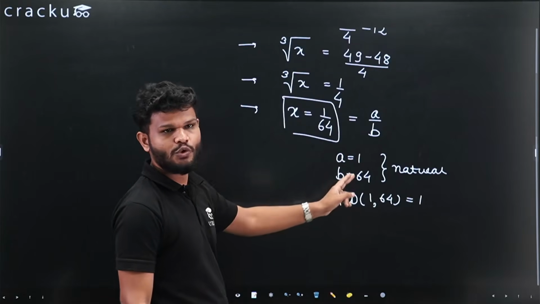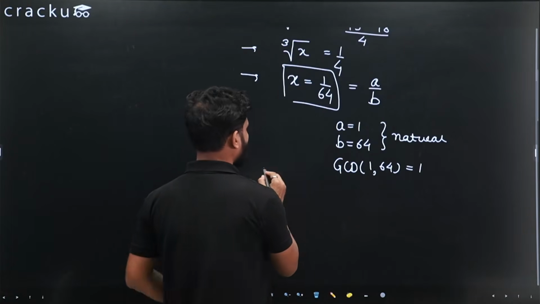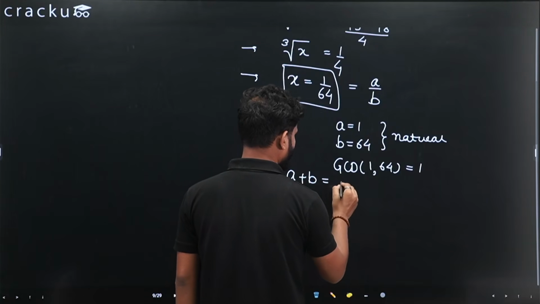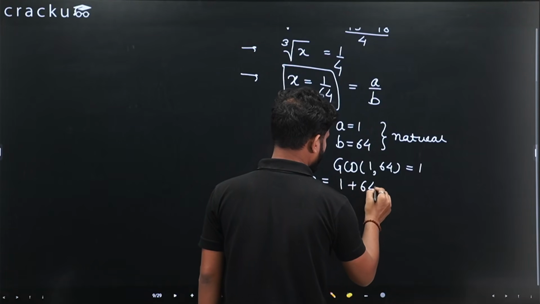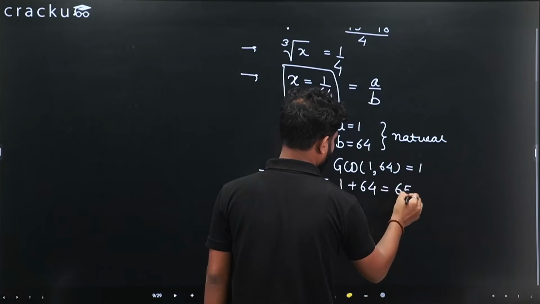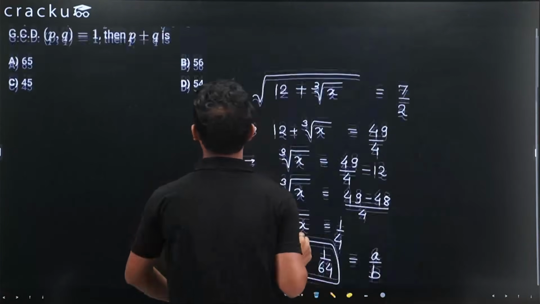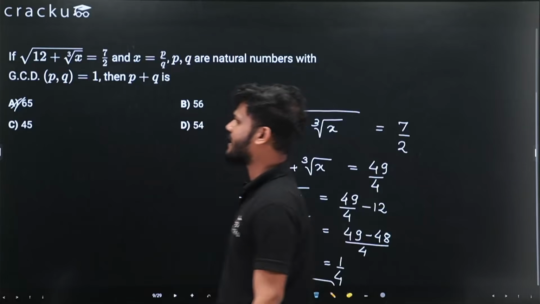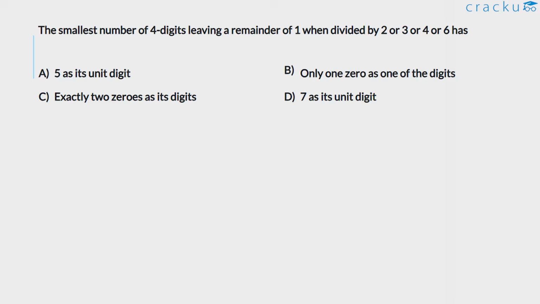So a is equal to 1, b is equal to 64. What you need to find is a plus b. So this is 1 plus 64, which is 65. Hence, the answer to this question will be 65. So option A is the correct answer.